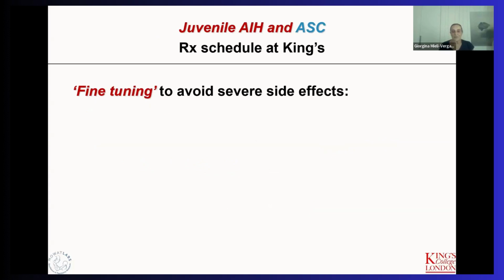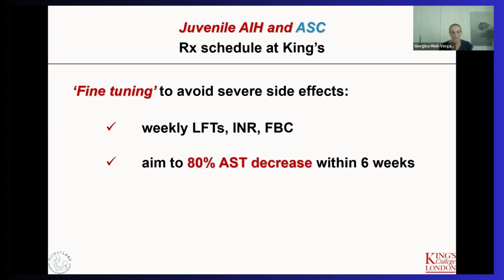A very important point is that you need to achieve the remission that I told you about without side effects. You need what we call fine-tuning. You need really to follow the patient up very closely at the beginning of treatment. So what we do with our patients, we do weekly and sometimes twice per week liver function tests, INR and blood count, and modify the treatment according to the results.